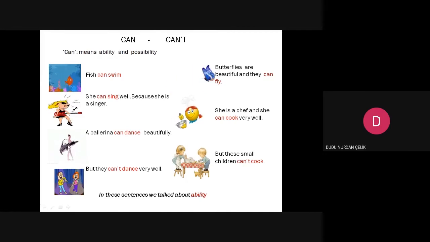Ballerinas can dance very beautifully, and a ballerina can dance beautifully. Talented. Look at them, funny. Yes, they can dance, but they can't dance very well. She can dance very well, but they can't. They can just dance.